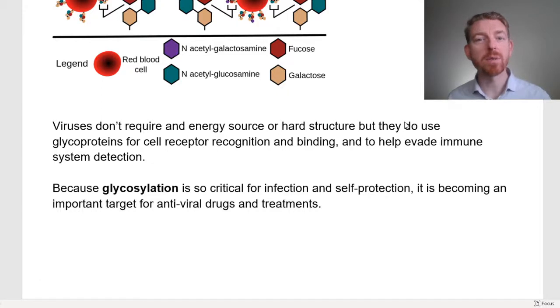But what it does do is produce a good target for producing a vaccine or for other kinds of antiviral drugs. If we can target those sites where it needs the carbohydrate to protect itself from the immune system and remove that protection, it's going to become more subject to our body's defenses.